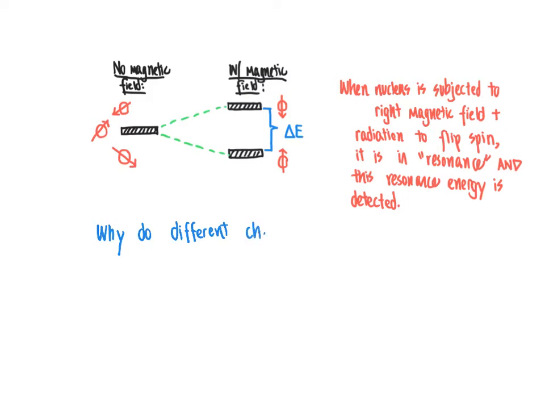So we can ask the question of, why do we see different chemical shifts? The other way that we could look at this, other than saying why do different chemical shifts exist, is we could also frame the question as, why do different protons have different resonance energies?